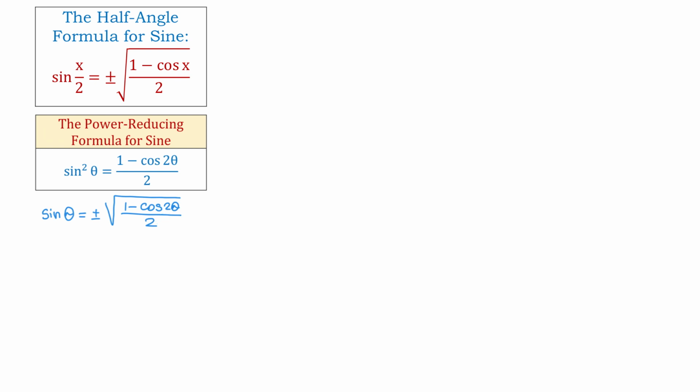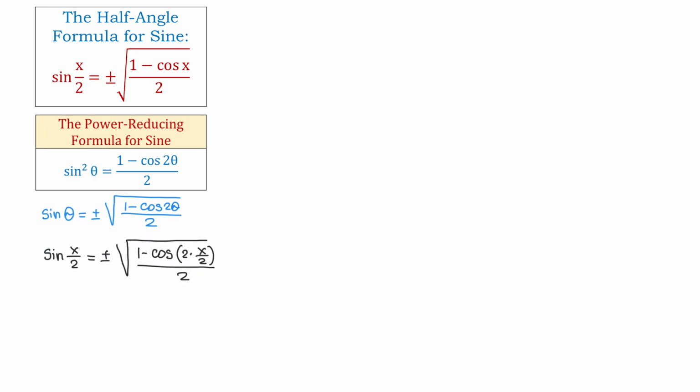Now in this formula, let's replace each theta with x over 2. Then we will have sine of x over 2 equals plus or minus square root of (1 minus cosine of 2 times x over 2) all over 2.